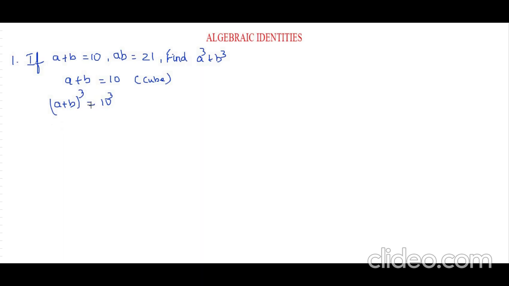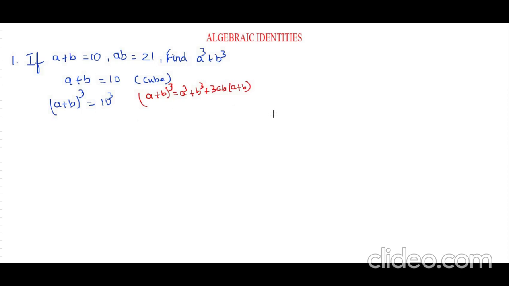So here we have a plus b whole cube. We shall use the a plus b whole cube identity. I hope you all remember the identity. So a plus b whole cube equals a cube plus b cube plus 3ab times a plus b.